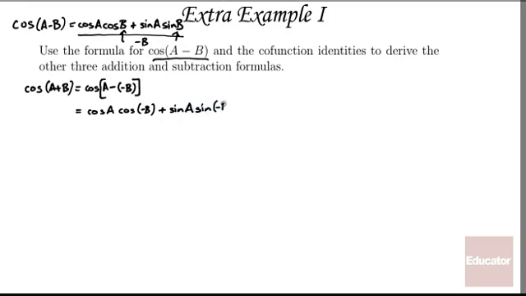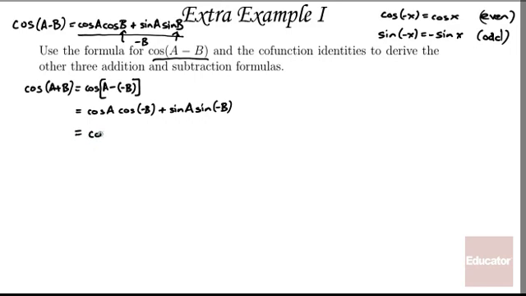sine of negative b. And now remember, cosine is an even function. That means cosine of negative x is just the same as cosine of x. Sine is an odd function. Sine of negative x is equal to negative sine x.